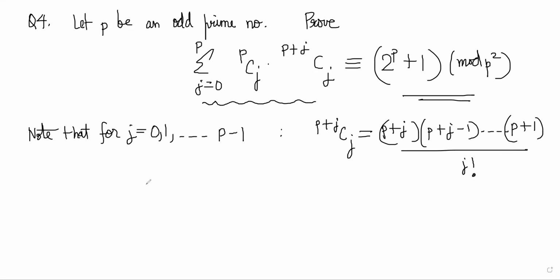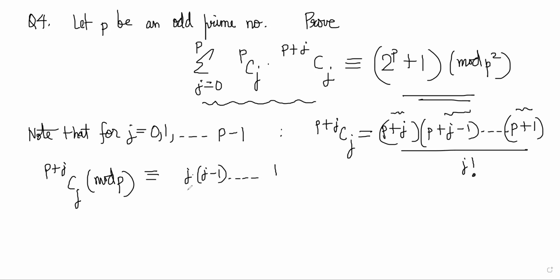Correct. Now, (p+j)Cj mod p would be equal to, when you do mod p here, you are going to get j into j minus 1 and so on, till 1 by j factorial mod p.